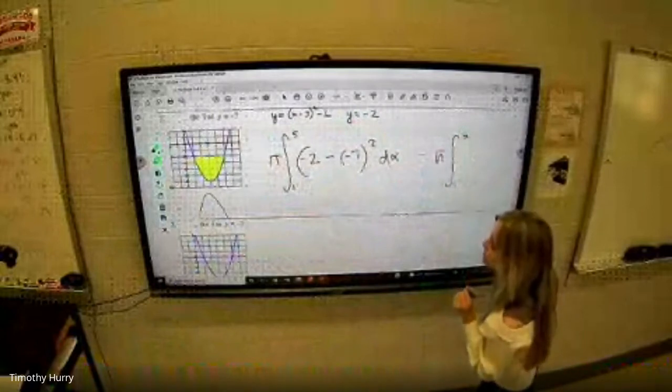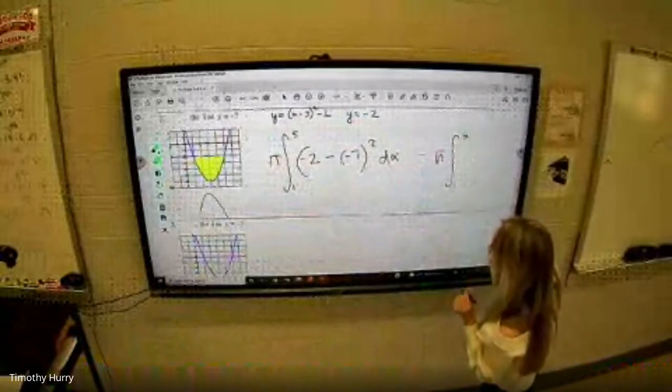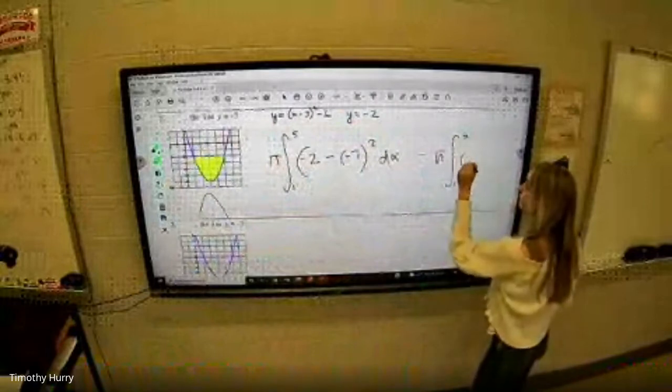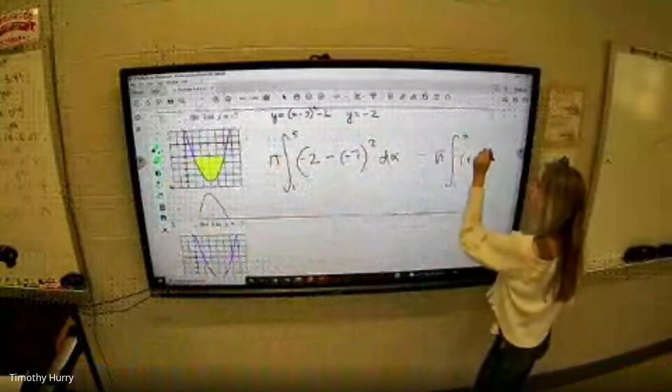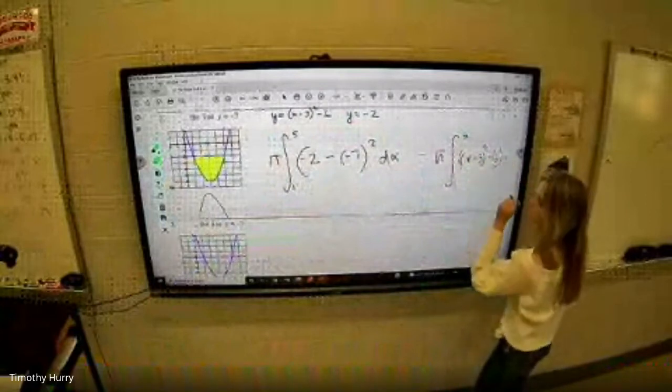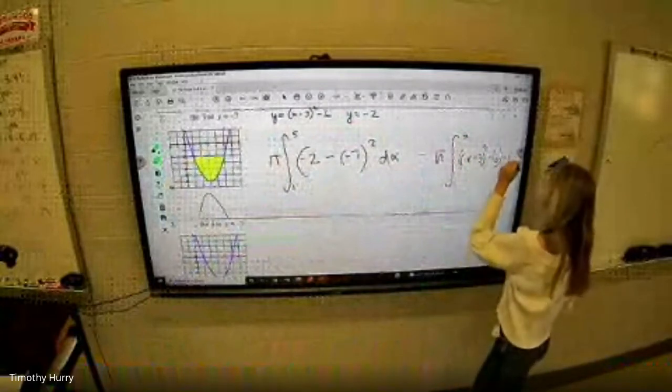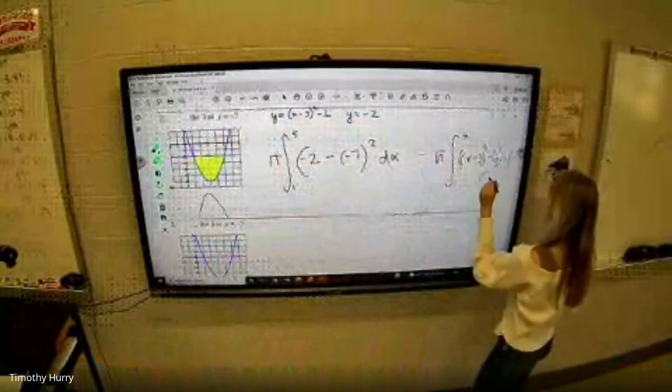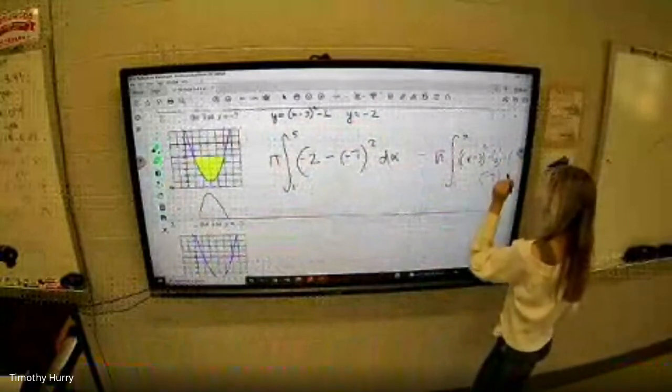Wait, what was the equation again? It's right up there in the red, right above there. Oh. I'm just gonna fix the middle. There you go. That's fine.